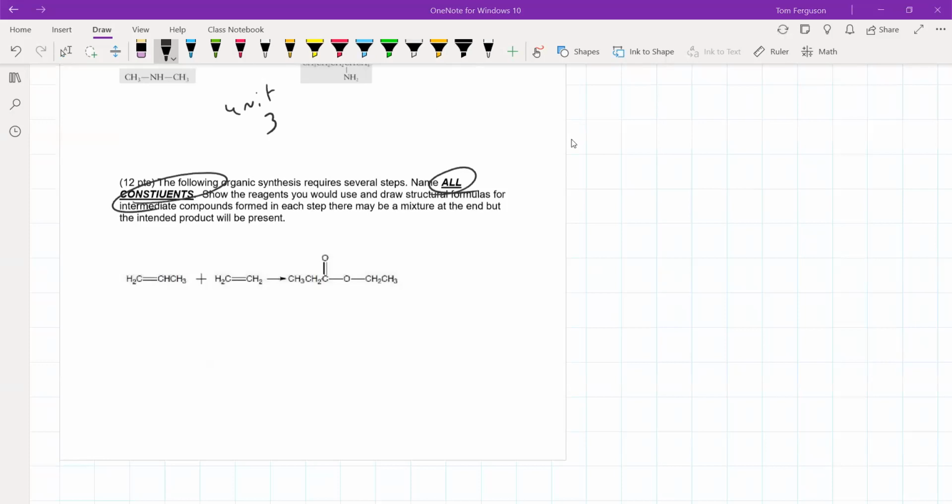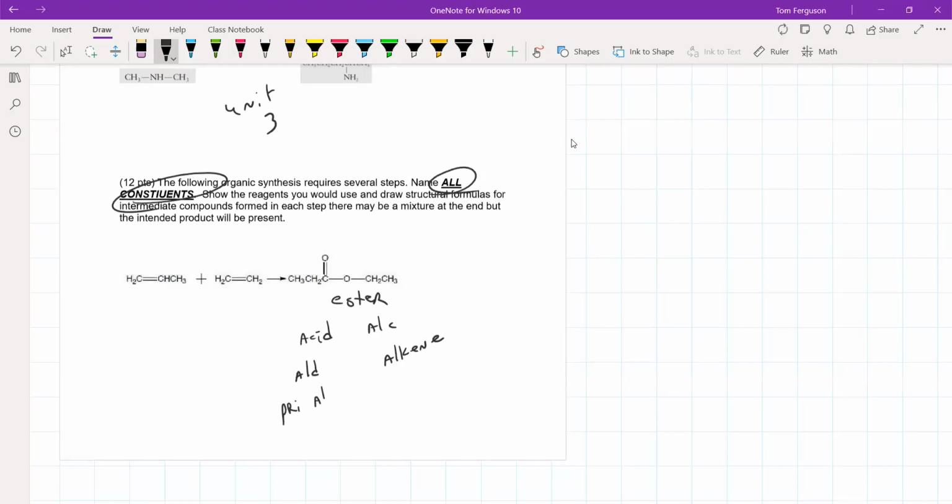Okay, so what are we making? We're making an ester. Ester requires an acid something, an alcohol. To get an alcohol, we need an alkene. To get an acid, we need an aldehyde.